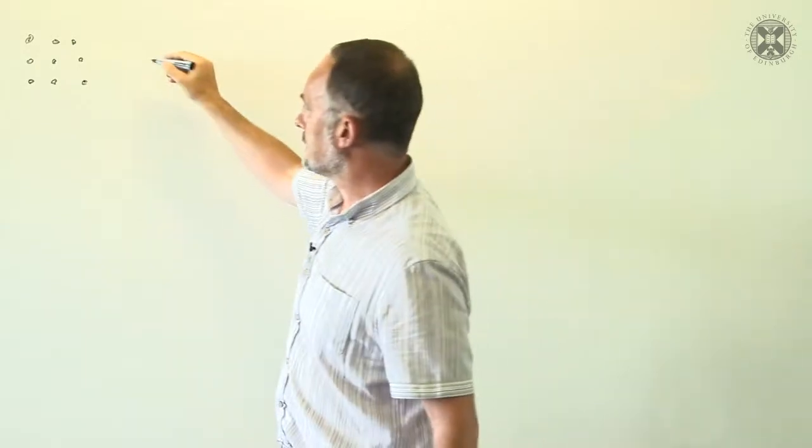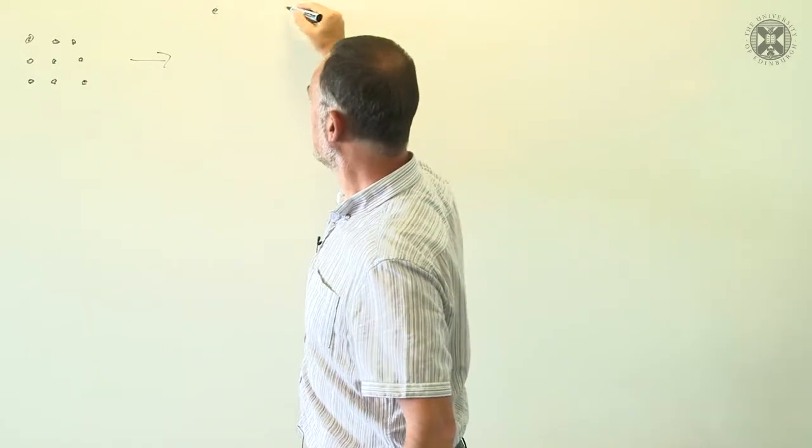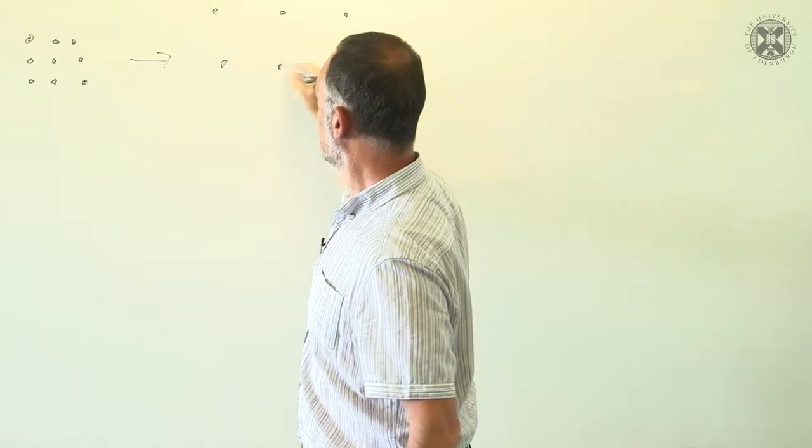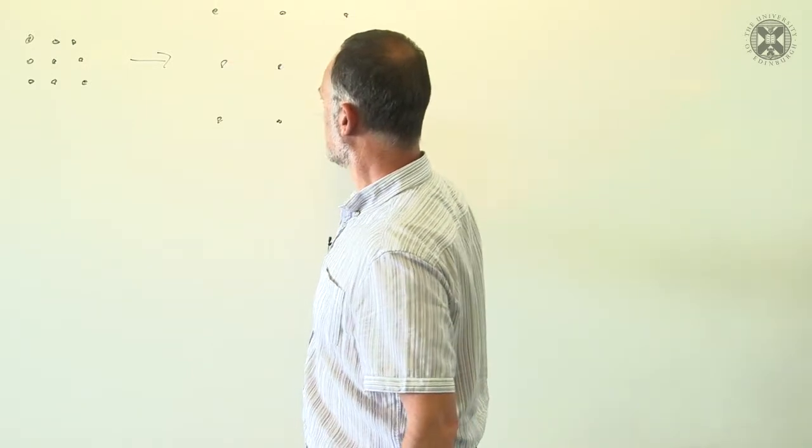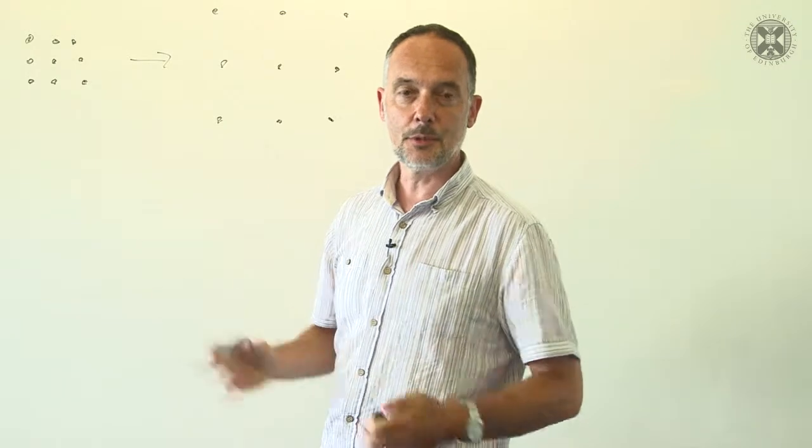If that's a set of galaxies at some time, a little bit later, the whole distribution is more diffuse.